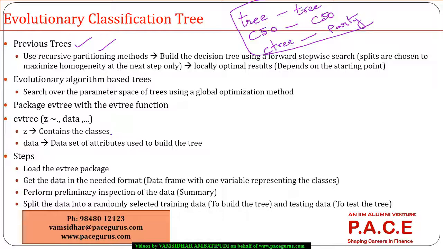That's the typical technique that is being used to partition the tree. So the tree is typically built using a forward stepwise search.